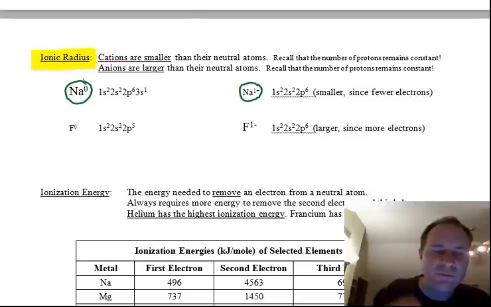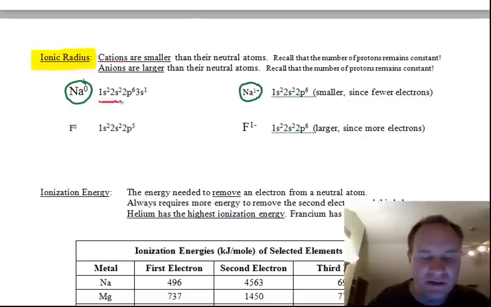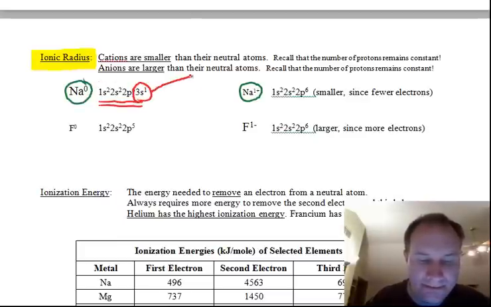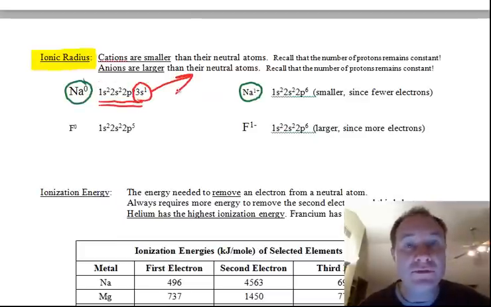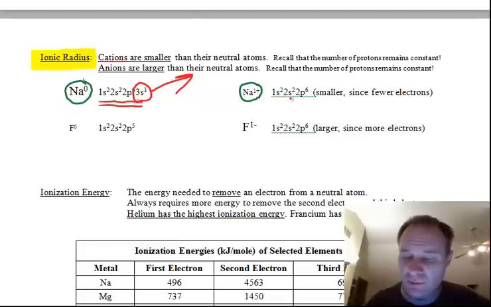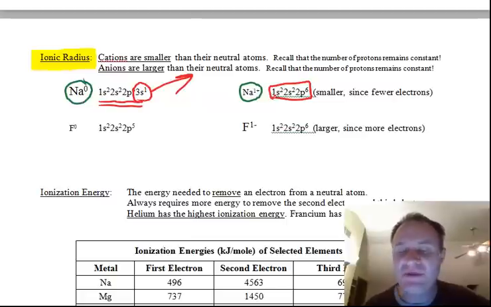And if we look at what's going on with the electrons, there's the electron picture. If it is neutral, and when we form that ion, boom, that one goes away. So what we have is the electrons end at 2p6.